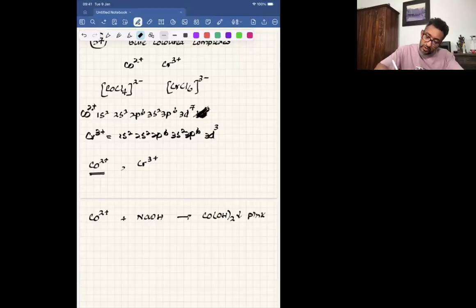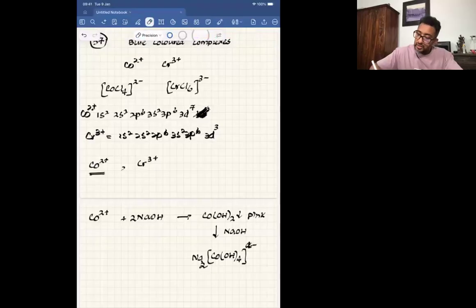And if you gradually allow more and more sodium hydroxide to be there, not everything forms, but it partially forms this blue colored complex, Na2, right? This forms this blue colored complex.